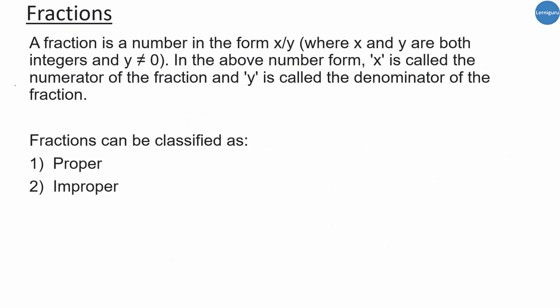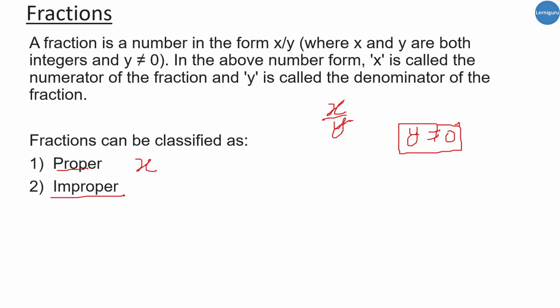Fraction. A fraction is a number that is written in the x upon y form, like this. When a number is written in this form, this is a fraction in which y cannot be 0. And these are further classified into two types, proper fraction and improper fraction.